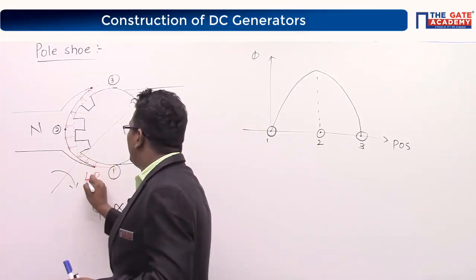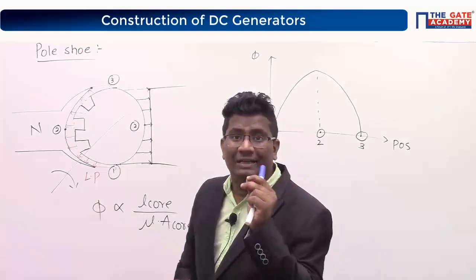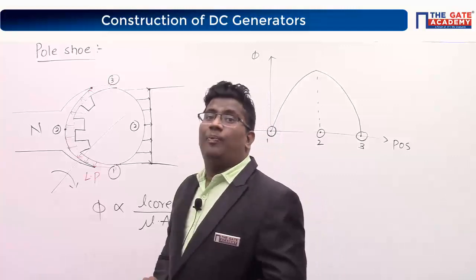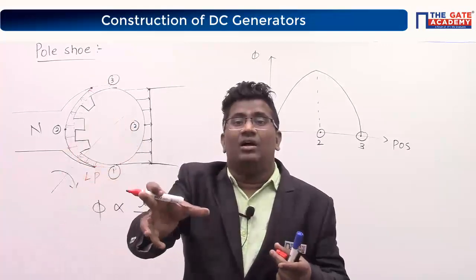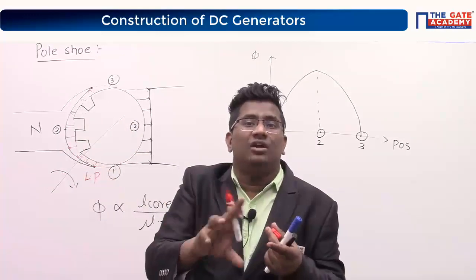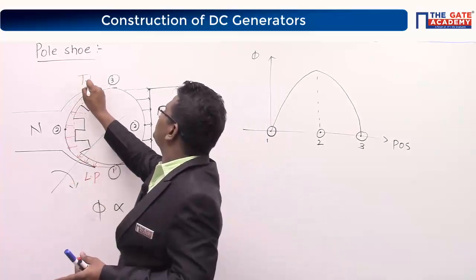It is called leading pole tip, or in short we will call it LP. And the point at which the rotor is leaving the field region or pole region is called trailing pole tip.